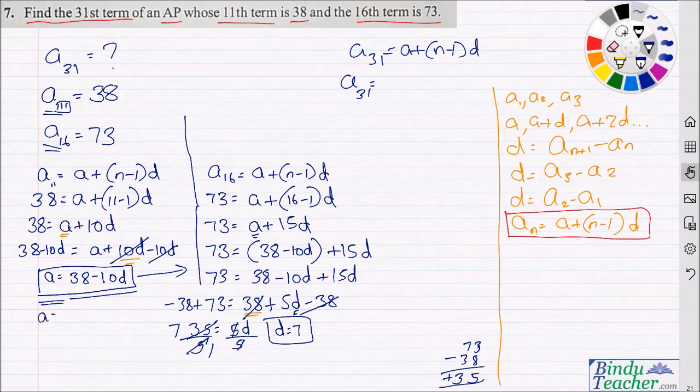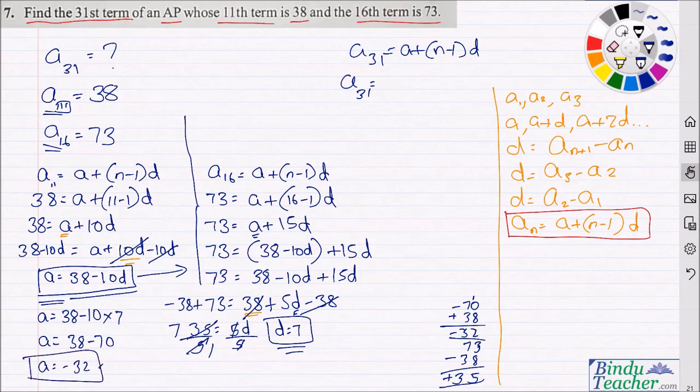I'll write a equals 38 minus 10 into 7, since we found the value of d to be 7. So a equals 38 minus 70. The answer is minus 32. So a equals minus 32.